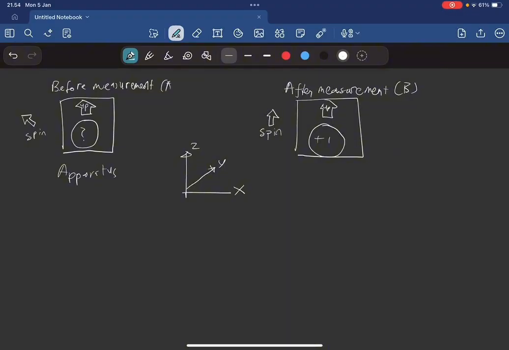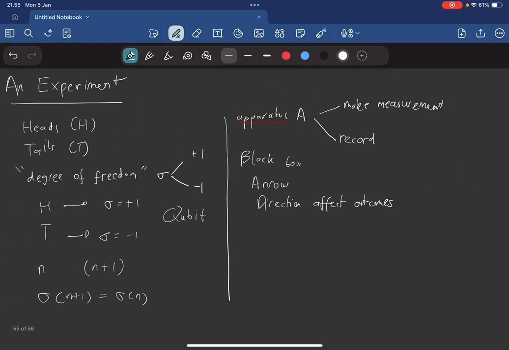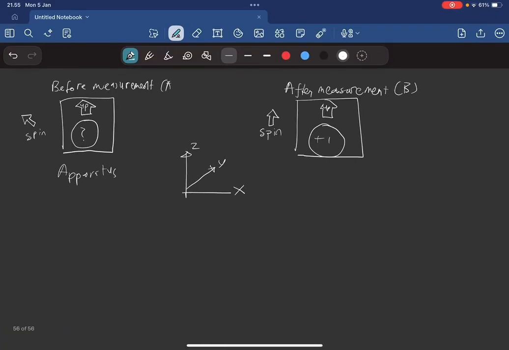Now that we have measured sigma, let's reset the apparatus to neutral and without disturbing the spin, measure sigma again. Assuming the simple law of evolution from before, we should get the same answer as we did the first time.